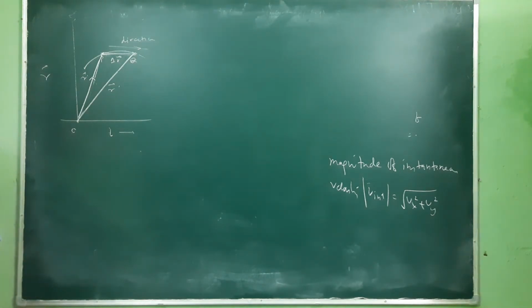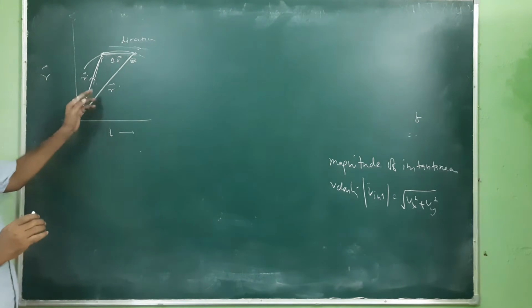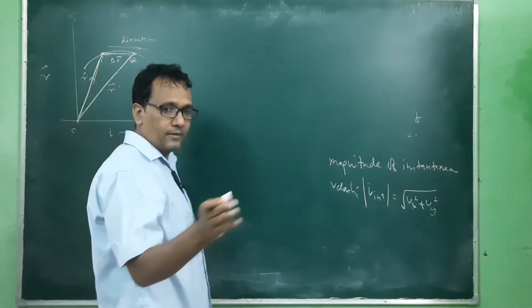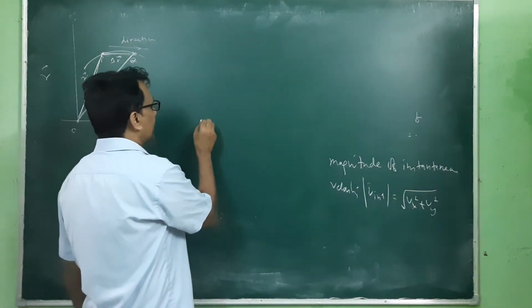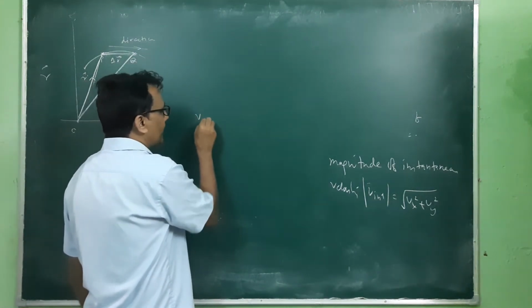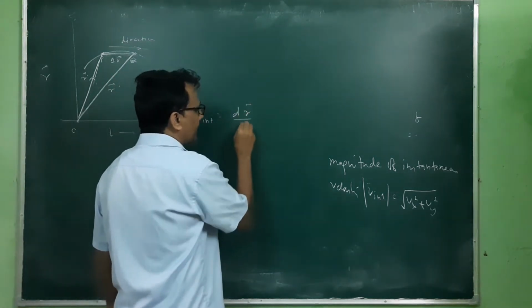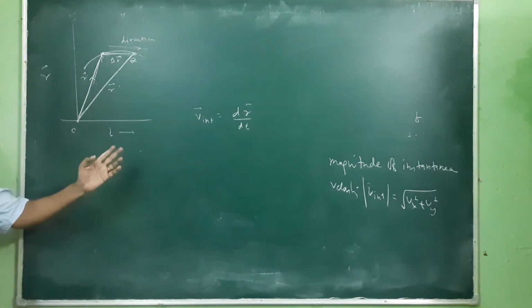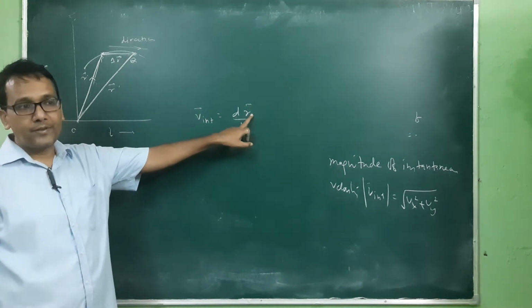Okay, so in order to define that instantaneous velocity, just look at that formula. The instantaneous velocity, v instantaneous, is taken as equivalent to dr by dt in the form of differentiation. That means we have concentrated ourselves on this vector r only.